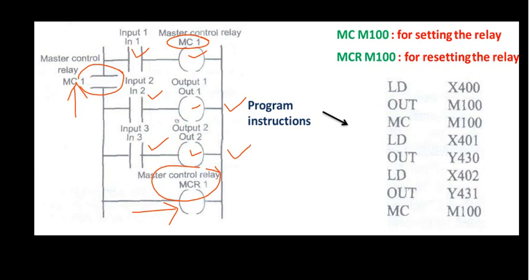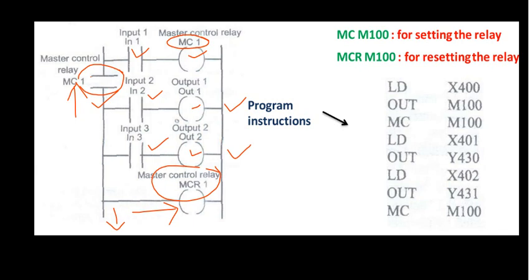Upon the reset instruction of the master control relay, its effect will go off, and you may have subsequent things here. You may have multiple master control relays in the program. All those things are as per the requirement of your programming, and accordingly we will see some examples also.